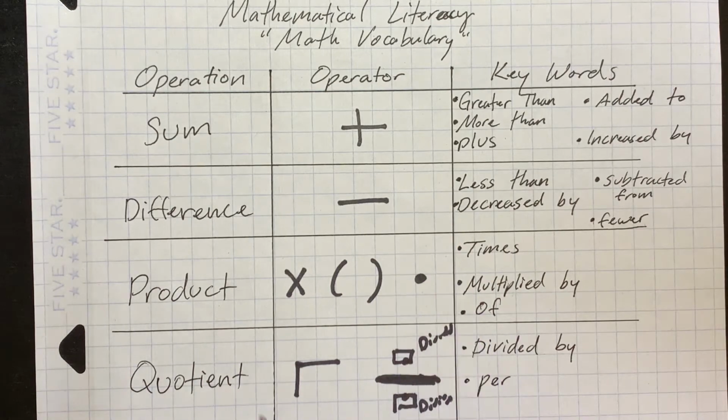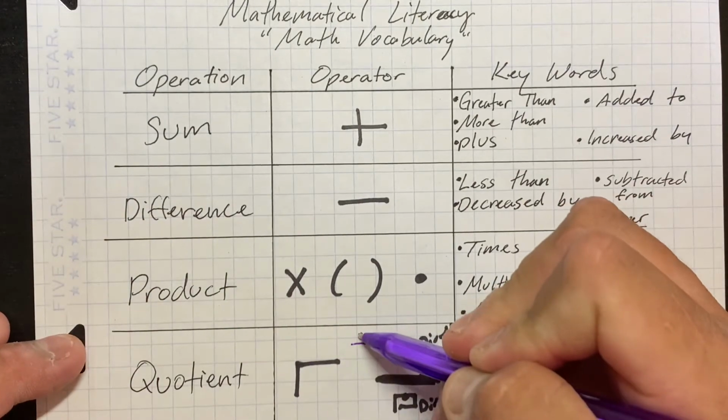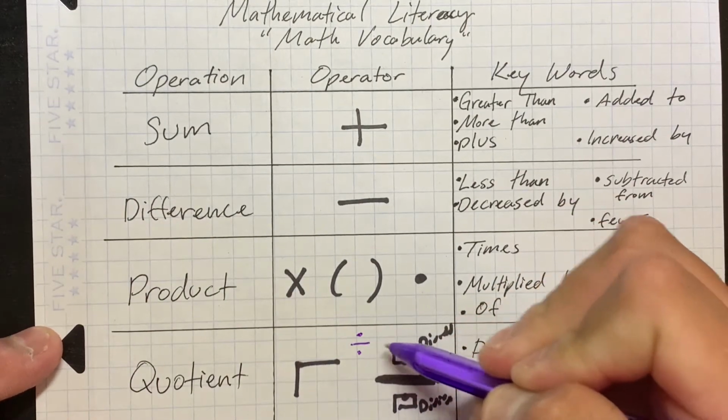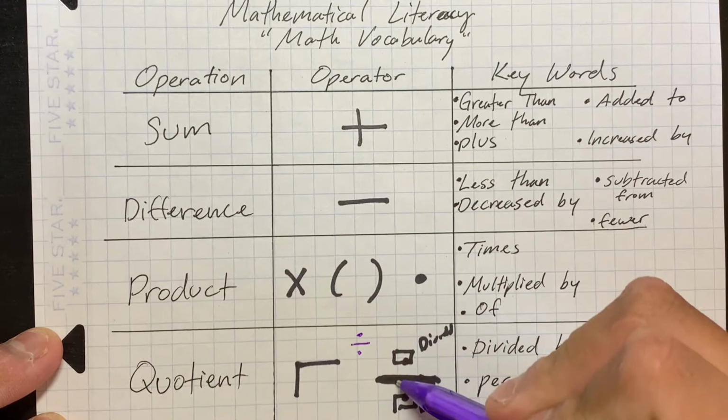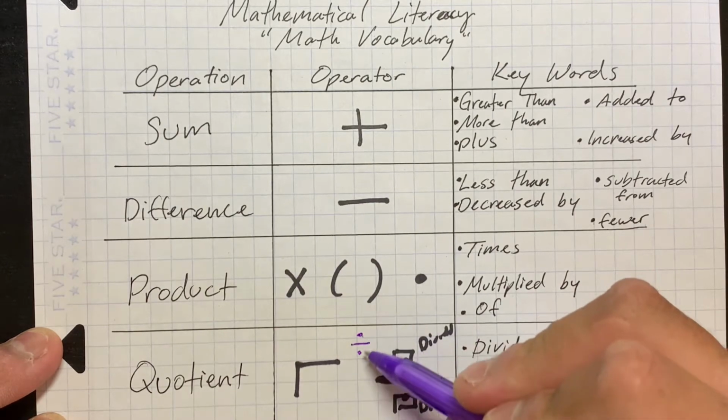The operator symbols for quotient, the traditional one would be the division symbol, but reality is that this is like a fraction bar here. Here's your numerator, your denominator. You have no values in there, so it's like a fraction. But ultimately, that just means that this symbol here, the division symbol, is really a fraction bar and a numerator and denominator.